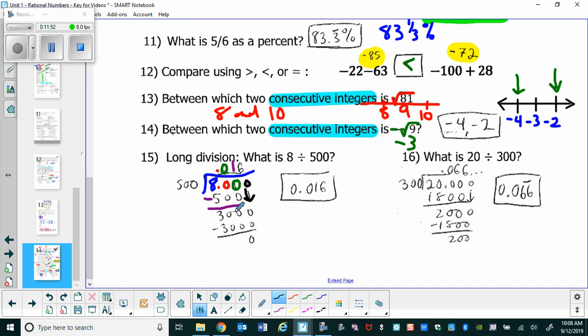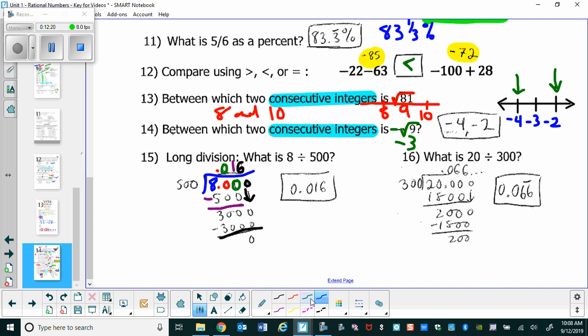And 500 goes into 3,000 6 times evenly, and since I get 0, I'm done. So one more time, 500 didn't go into 8, so I got the red decimal and 0. 500 still didn't go into 80, so I put a green 0 to bring in this 0. Now 500 goes into 800, and I can get going.